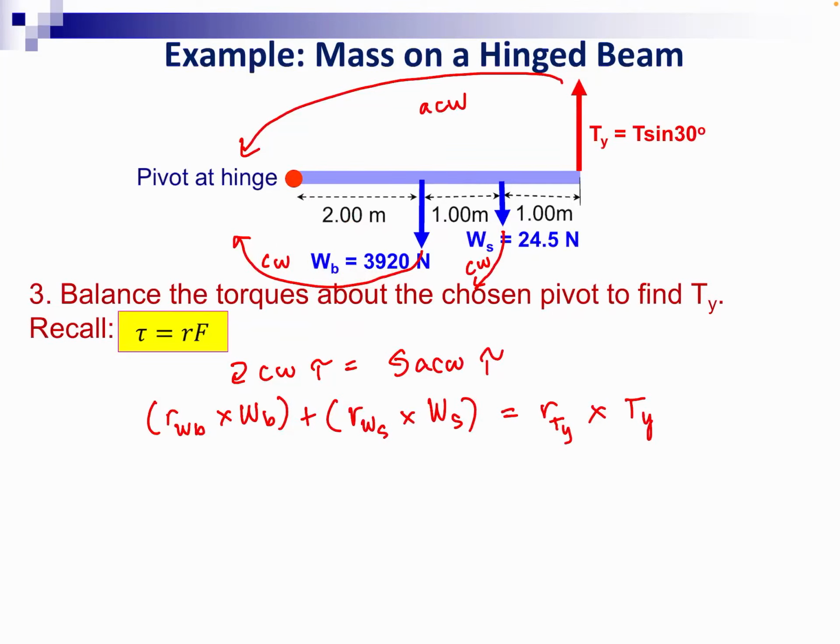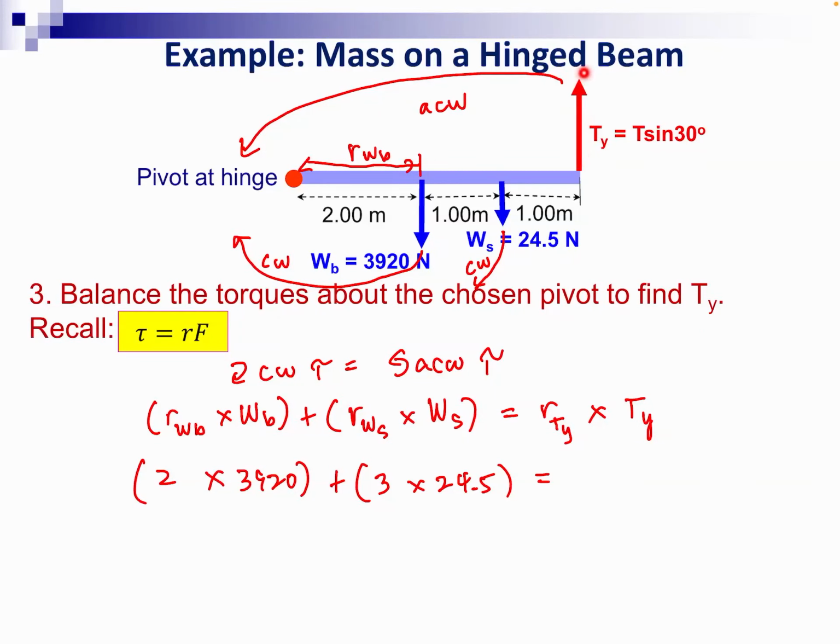The moment arm for the weight of the beam will be 2, times the weight of the beam, 3,920, plus the moment arm for the weight of the sign. If you draw a line perpendicular to the weight of the sign to the pivot point, the moment arm will be 3 meters, right?